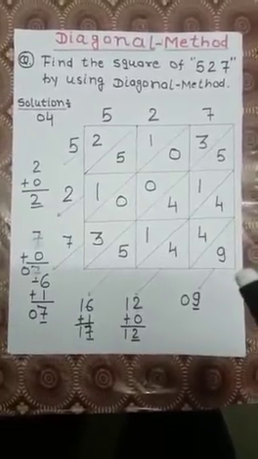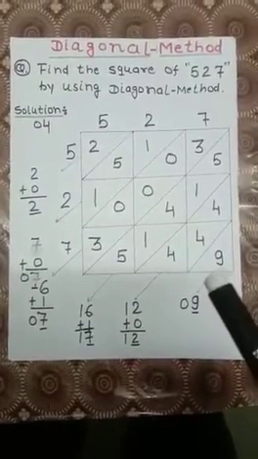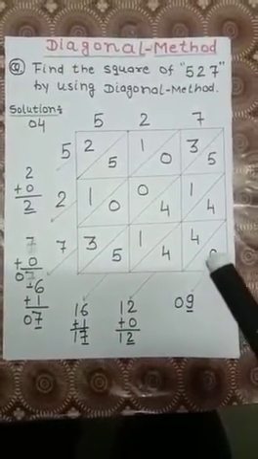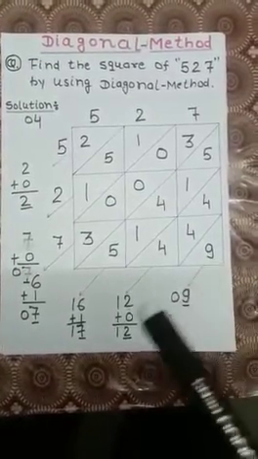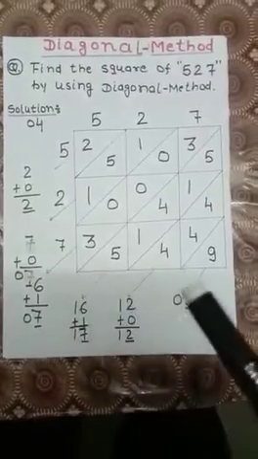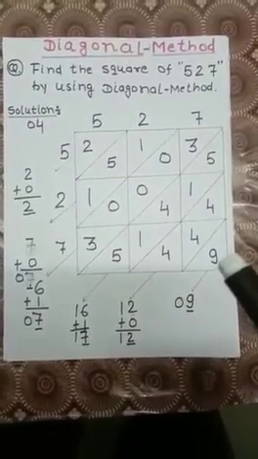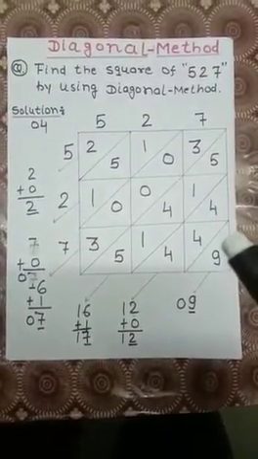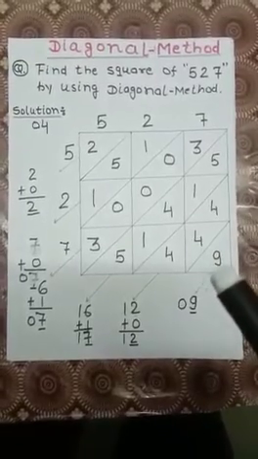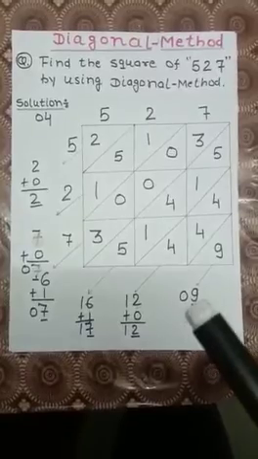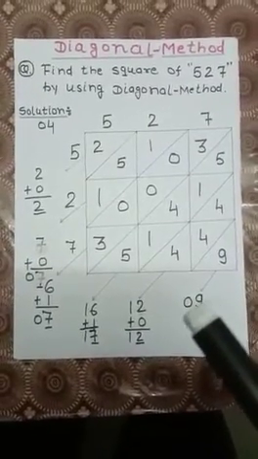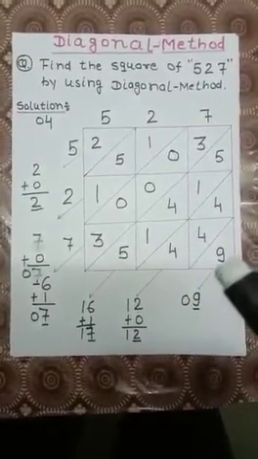Now what we have to do, you have to write the sum of all the diagonals right below these lines. Now the first diagonal is this. In the first diagonal the number 9 is the only number, so the sum is also 9. So you have to write 9 as the sum lower down this line.